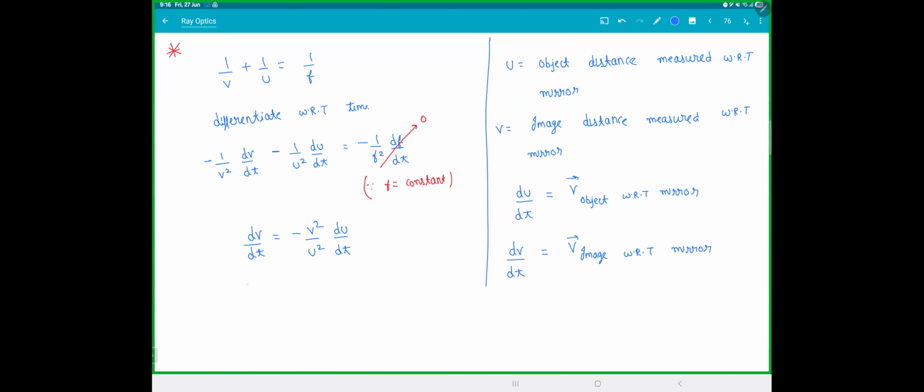So this formula is actually: dv by dt is velocity of the image with respect to the mirror, equals minus v square by u square times the velocity of the object with respect to the mirror. Let me write that full thing actually. This is velocity of image with respect to mirror.